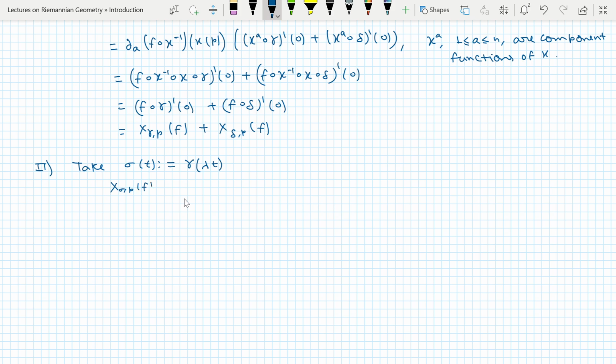That is, you take your x sigma t, x sigma p evaluated at f by using this definition, and you show that this is indeed equal to lambda dot x gamma p evaluated at f. Okay, so this is a similar proof, so do it on your own. This is quite a similar proof, so you can do it.